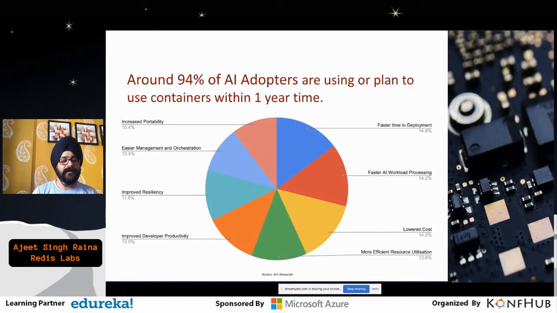They found that around 94% of AI adopters are planning to use containers. The reasons: portability, but more than that, faster time to deployment, and you will see in the demo how easy it is to deploy the containerized solution altogether.